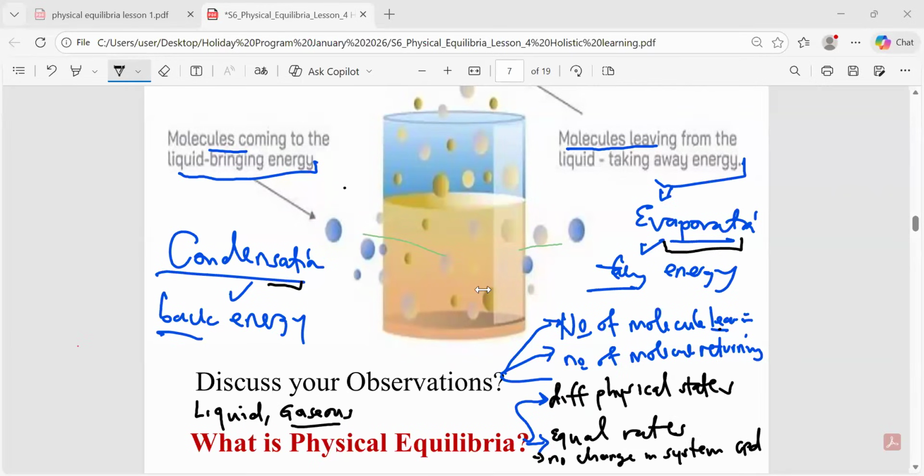So we can keep on using the chat and keep that discussion going on. John Paul said, physical equilibria is a state where two different physical states of the same substance exist together and the rate of change between them is equal.